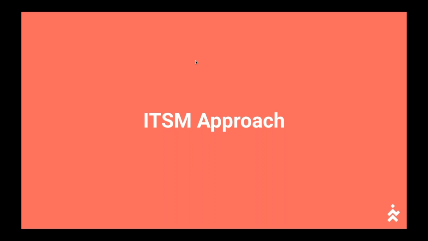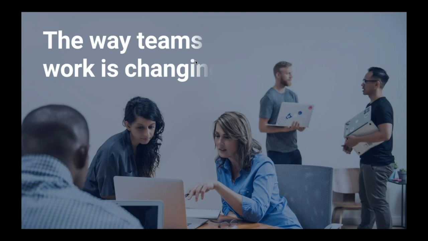Okay, before talking about incident management, let's do an overview of ITSM. It's very important to say that we are working with a transformation of your company. So the way things work is changing. It's really difficult to keep existing processes from years to years, old process and old school approach with your customer.